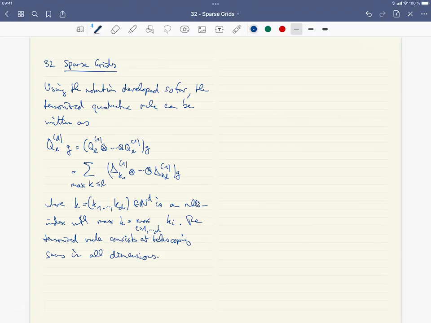All right. And this resembles max degree already. And now I can write something down which is supposed to be the sparse grid quadrature formula, where I just do something with the multi-index.